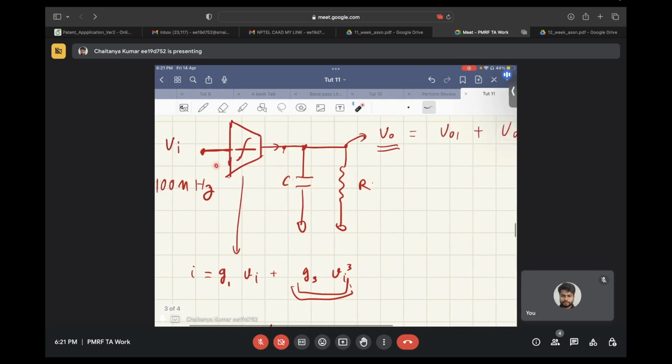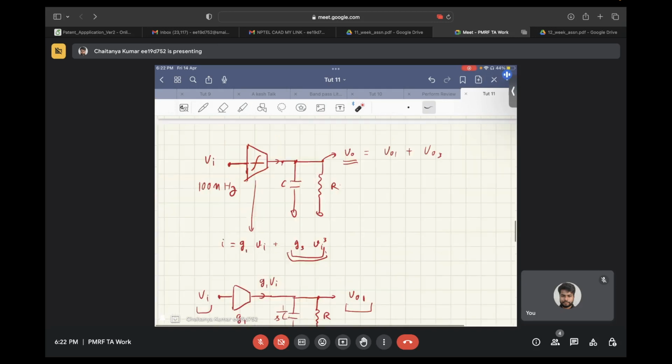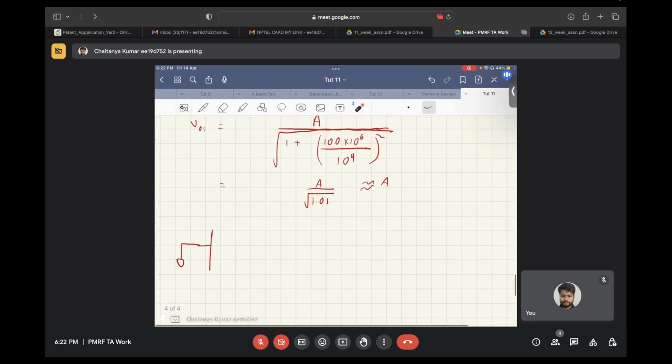So what does removing this term mean? When will this term give zero current? When Vi is zero, right? Yes, sir. Exactly. That's why we ground the input while injecting the nonlinear current.